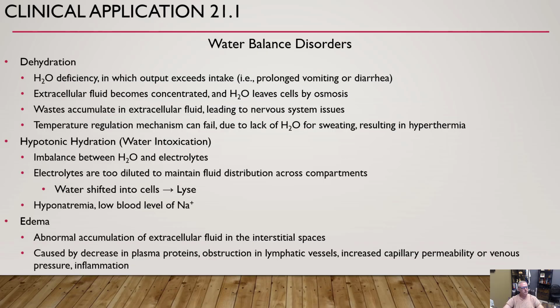All right, so just some water balance disorders. Obviously, dehydration. It's when we have a deficiency of water in which output exceeds intake. So that could be prolonged vomiting or prolonged diarrhea.